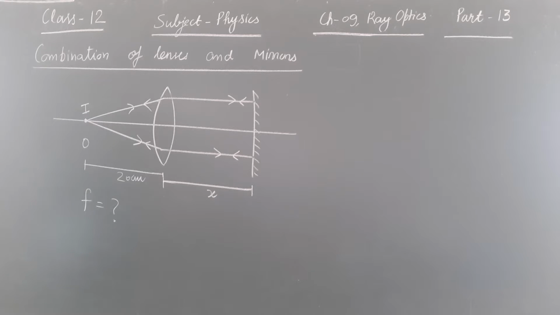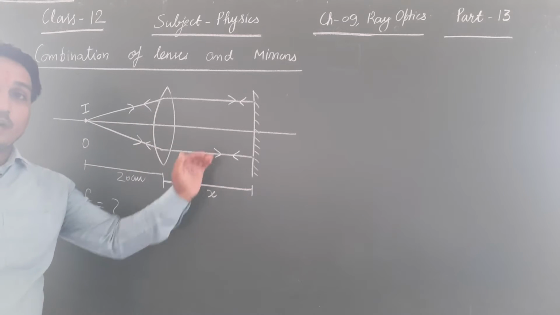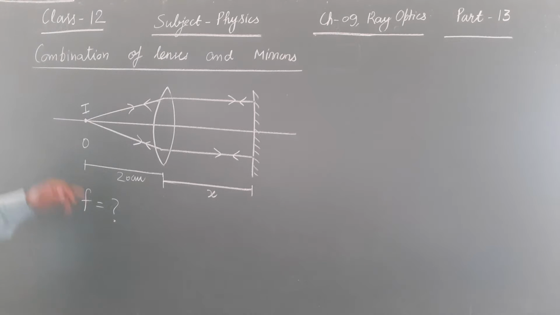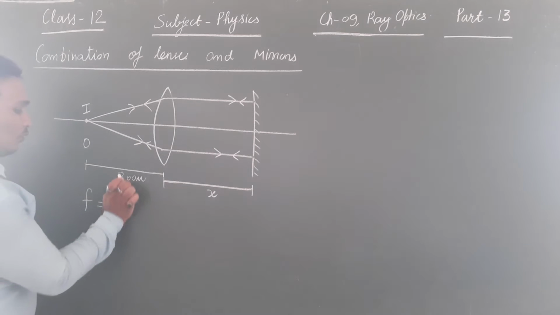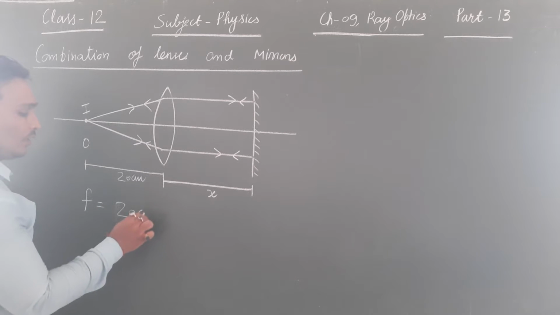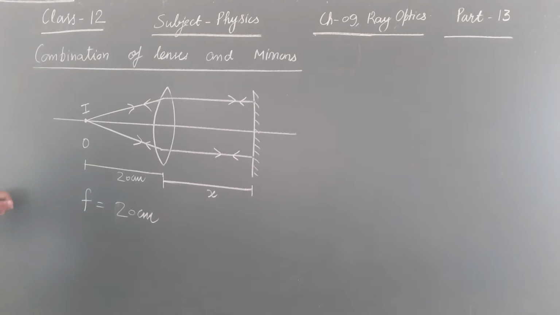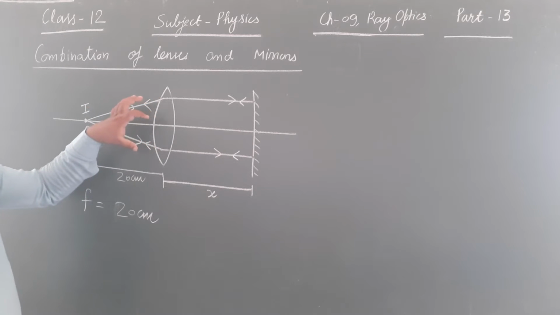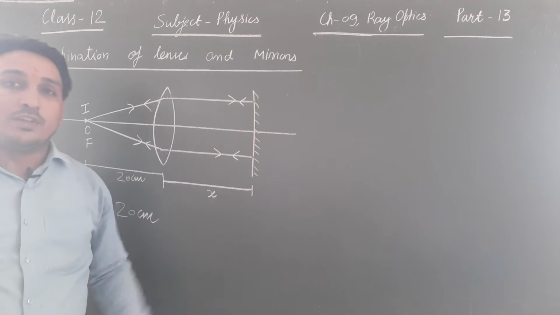This happens when, after refraction, the ray of light becomes parallel to the principal axis, which is when the object is on the focus. So in this case the focal length of the lens will be equal to 20 centimeter, because only when the object is at focus does the ray of light refracted through the lens become parallel to the principal axis.